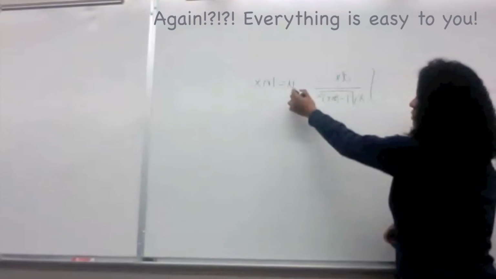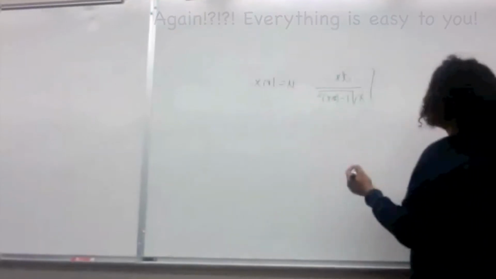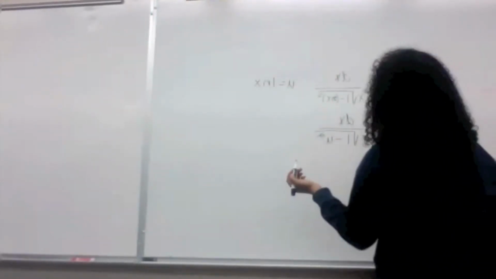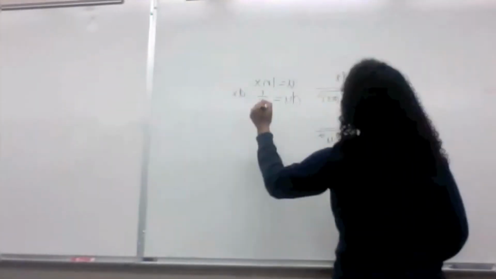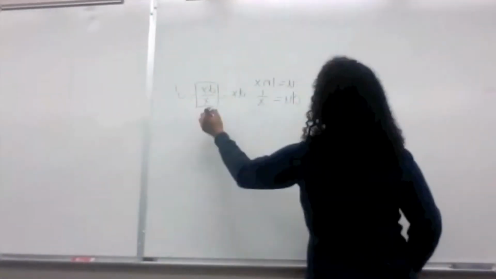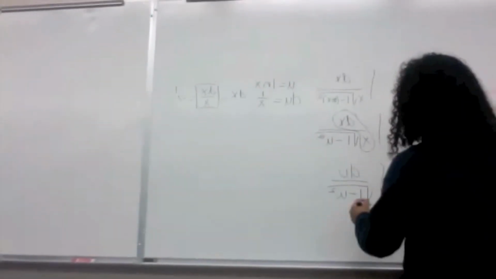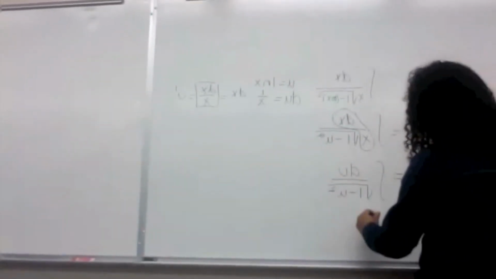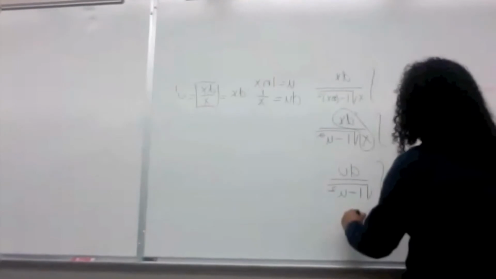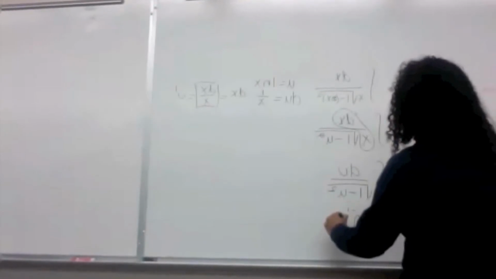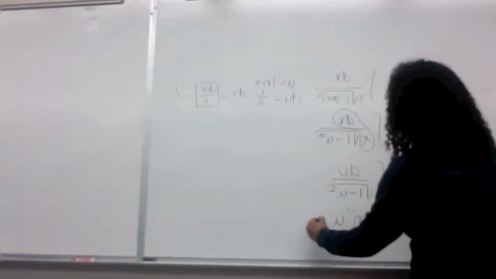Just wherever there's an ln of x, just put a U. There's an identity that says that this is equal to the arcsine of U plus C.